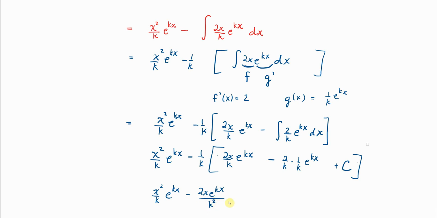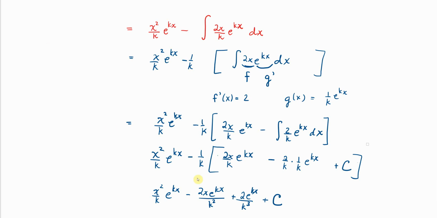Remember to write neatly, make a clear distinction between your k's and your x's. Distribute through here, you get positive 2 e to the kx over k cubed. Okay. All of this times negative 1 over k plus a constant, but as we've learned from before in working with differential equations, that's just going to be another constant.